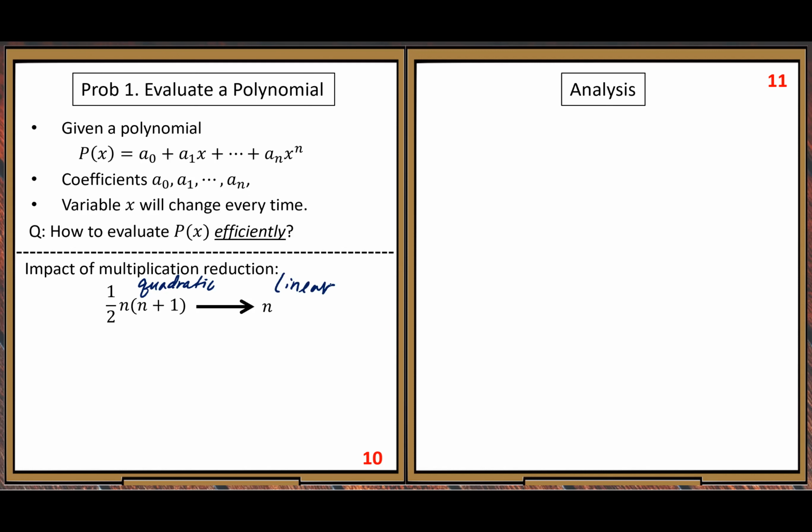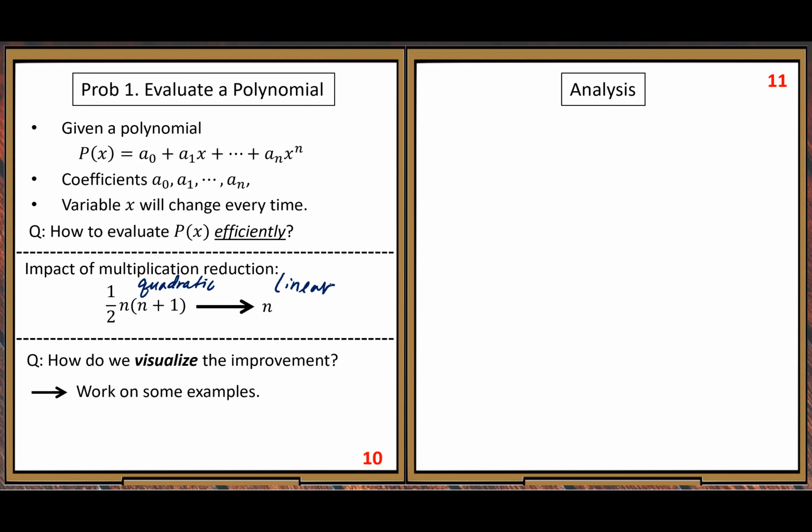But it's hard to imagine how big the difference is. Here, I want to visualize the difference. How do we visualize the improvement? To give you some strong impression in your mind. So that's the visualization.